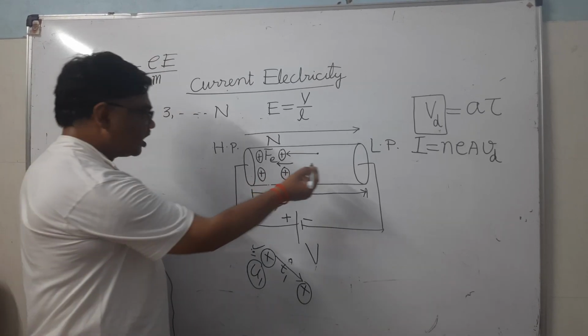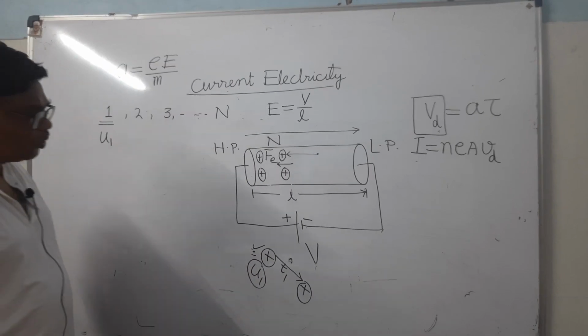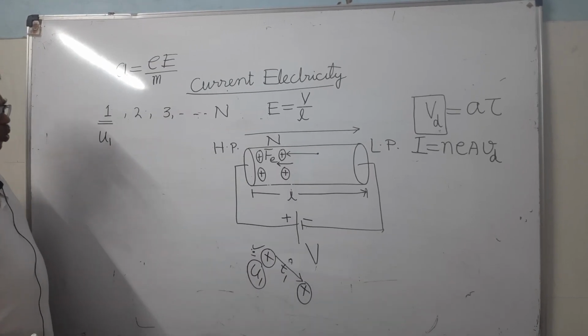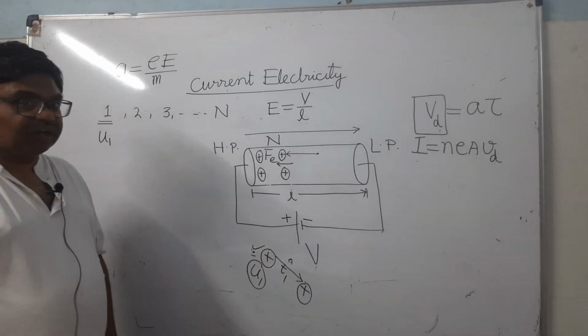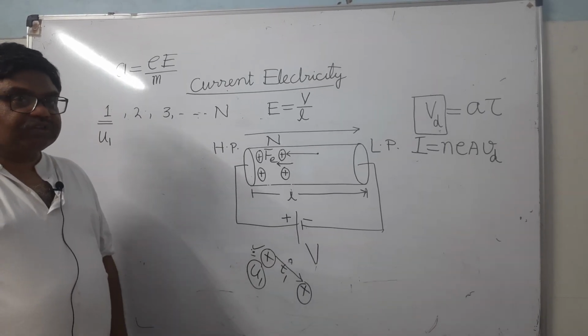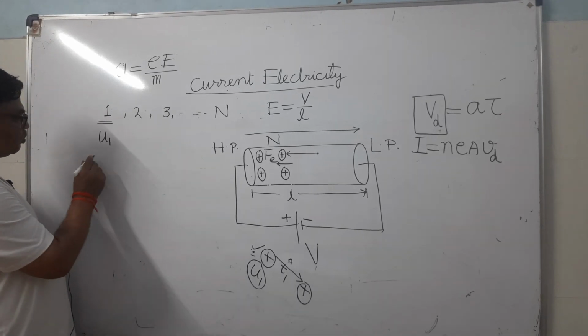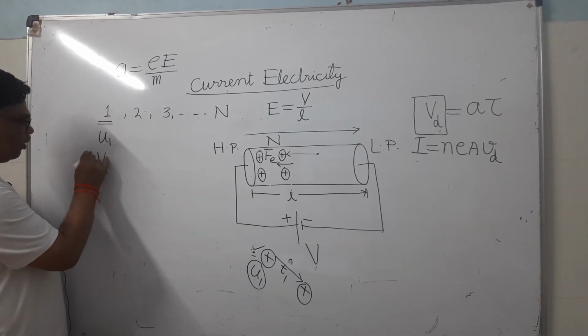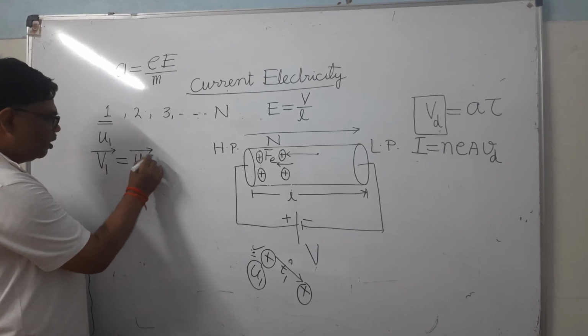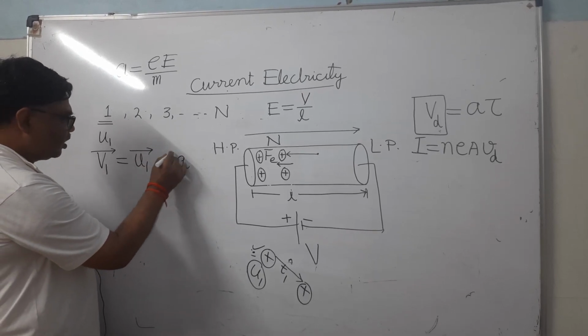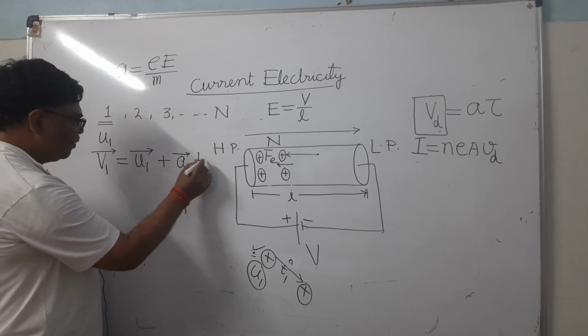This acceleration is also directed towards the higher potential end. So what will be its velocity after time t1? Its velocity after time t1 will be vector v1 equals vector u1 plus vector a t1.